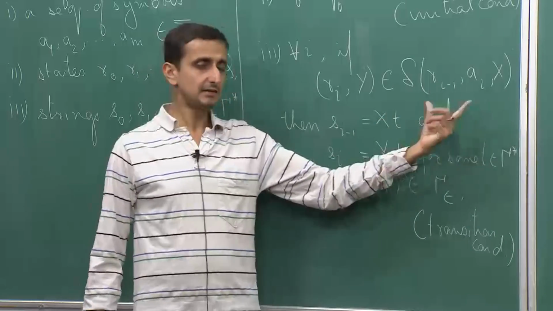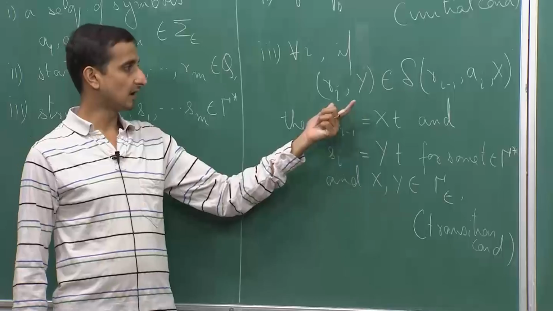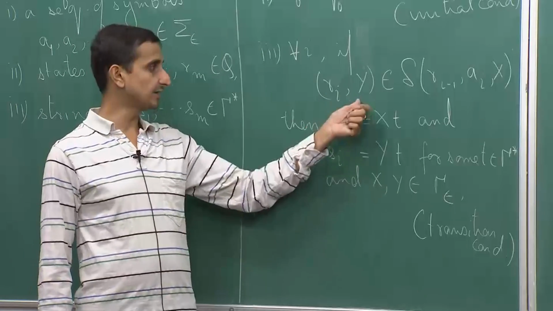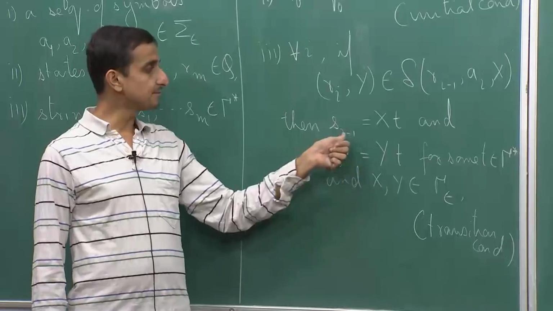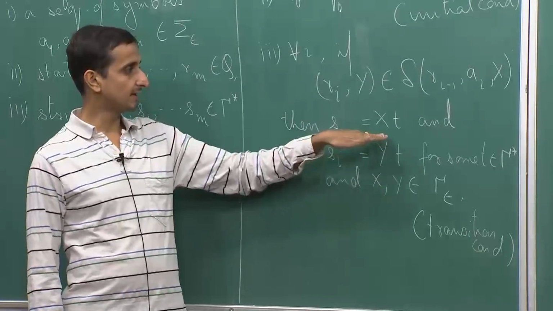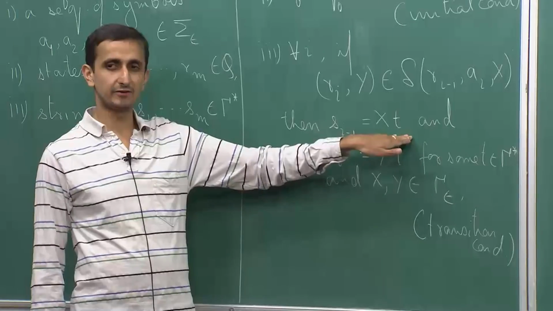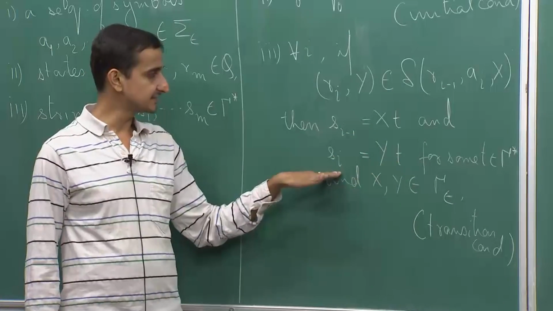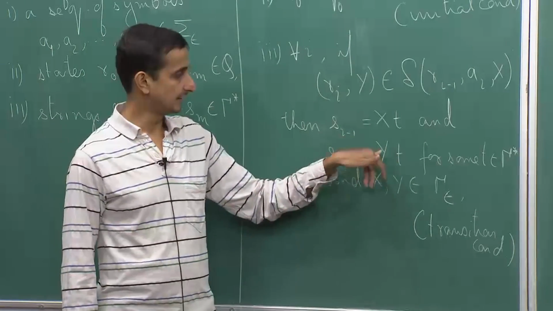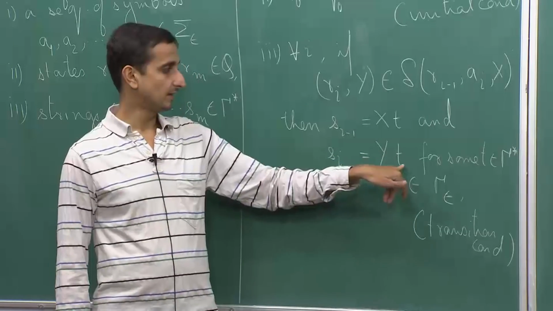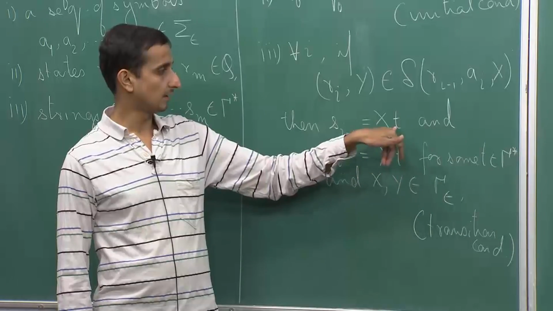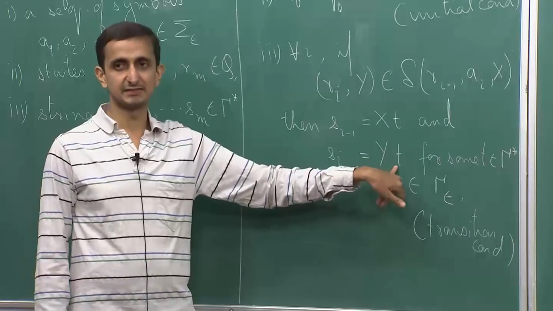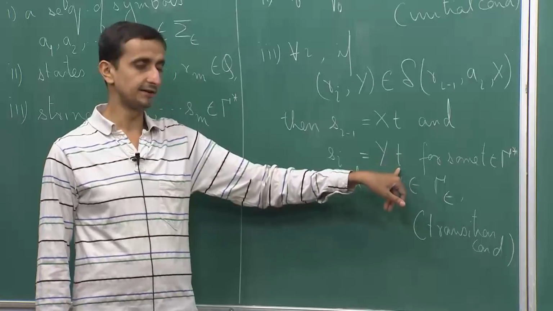If that set contains the pair (r_i, y), then the stack in the (i-1)th step should have had x at the top followed by some string t, and in the ith step that x got replaced with y, and the remainder of the stack remains the same. So, it was t earlier, it remains t.